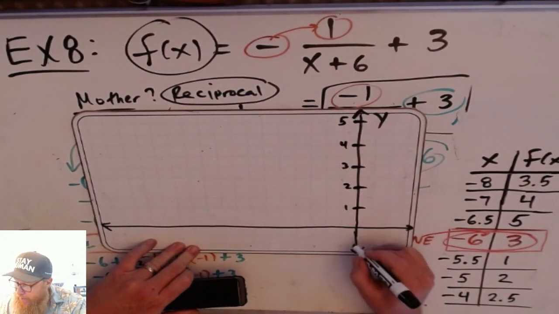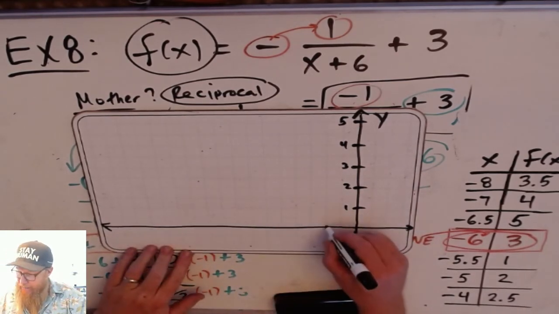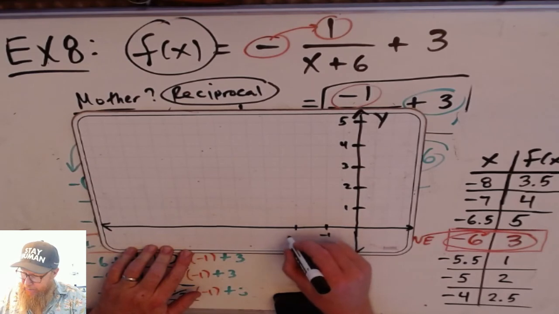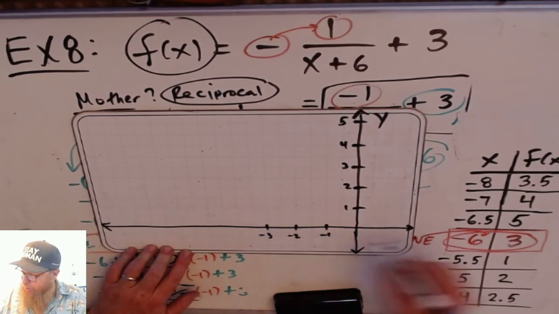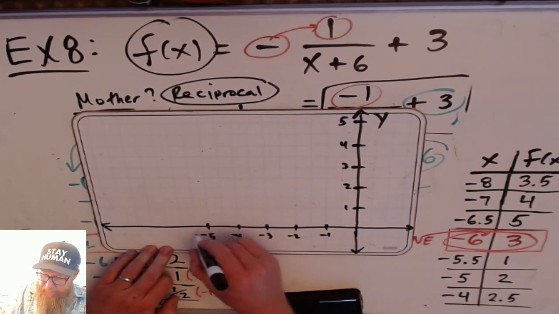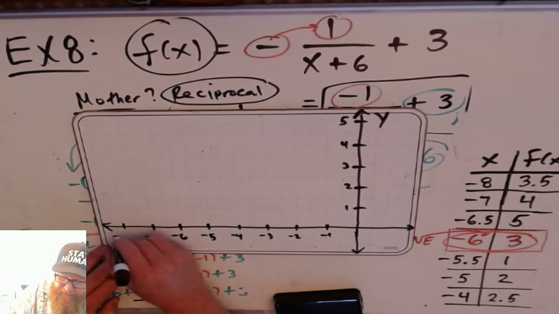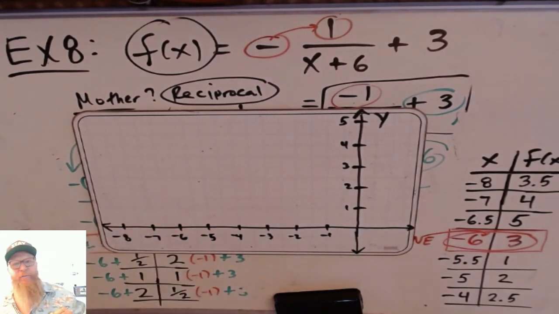I don't normally do this, but I'm going to this time. All right. And then -1, -2, -3. I'm trying to get all the way to -8. -4, -5, -6, 7 negative and 8 negative. Okay.